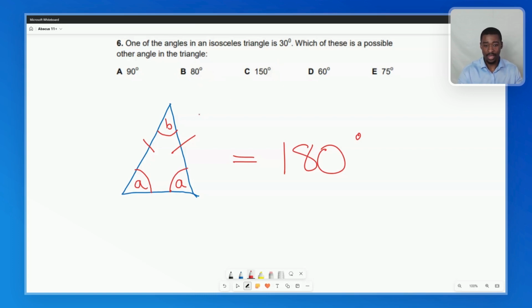So it's either that this 30-degree angle is B and the other two are different and equal, or, I'll put it in green now, a different scenario: one of these two equal angles is 30 degrees, and then B is different. We have those two scenarios.